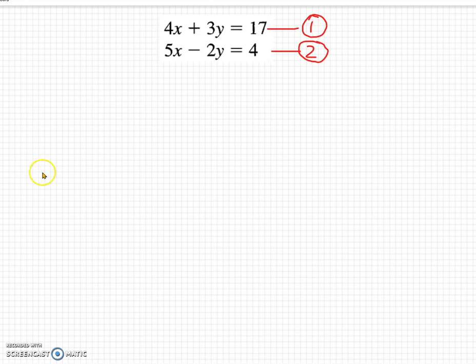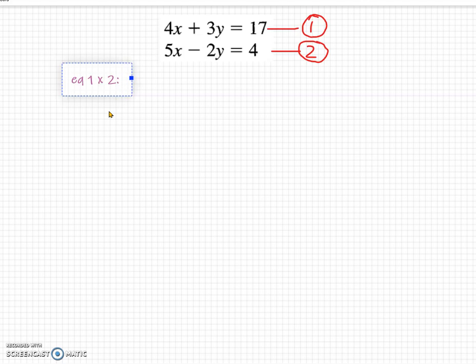Okay, so if I take equation 1 and I multiply by 2, let's see what happens.